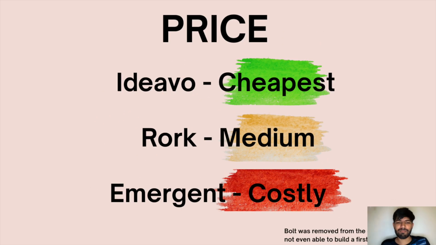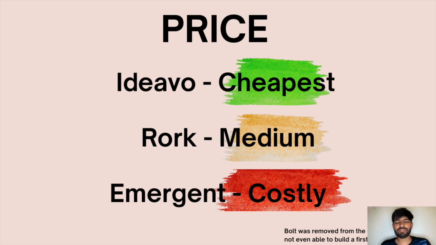Coming on to the price comparison, when it comes to cost, Ideavo clearly stood out. It was the most affordable option, right? Because we also used the free model, Kimi K2.5, available. On other platforms, we used the best model so that we were quite sure of the outcome that would come out.